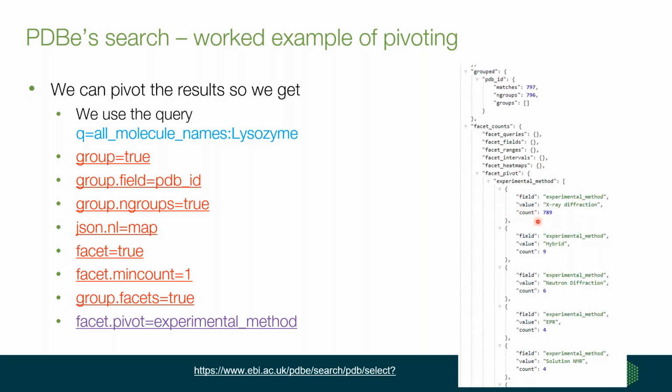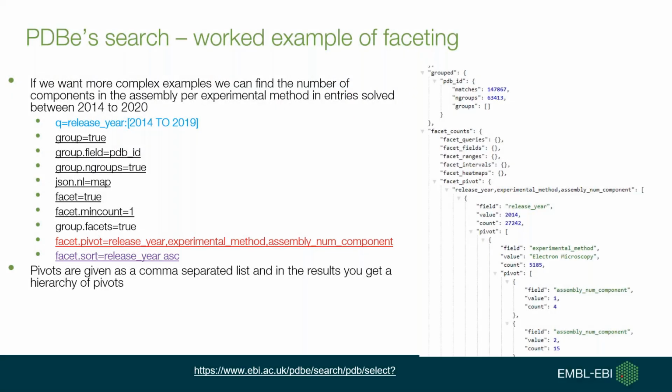And we can see what the value and the count of entries in this pivot is. So it's just two methods of doing something similar. However, pivoting allows us an extra. It allows us to do multiple pivots to find multiple properties of things.